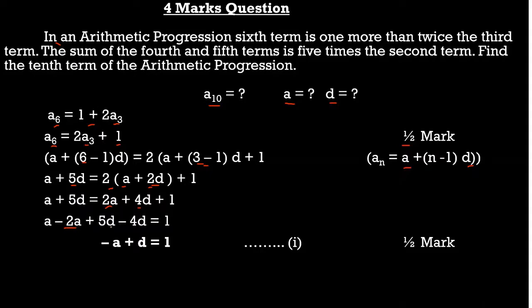Writing 4D this side, plus 4D becomes minus 4D. A minus 2A is minus A, plus 5D minus 4D is 1D, or D is equal to 1. This is the first equation. Up to this step, if you solve correctly, you will get half marks.